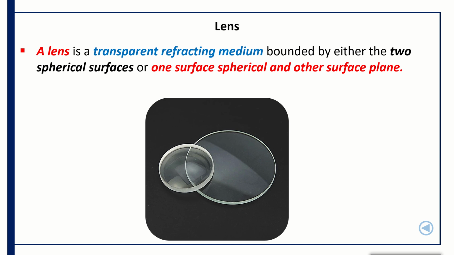The refraction of light is a phenomenon of light where when light passes from one optical medium to another optical medium, it changes its direction or it changes its path, and these spherical surfaces will make use of it.